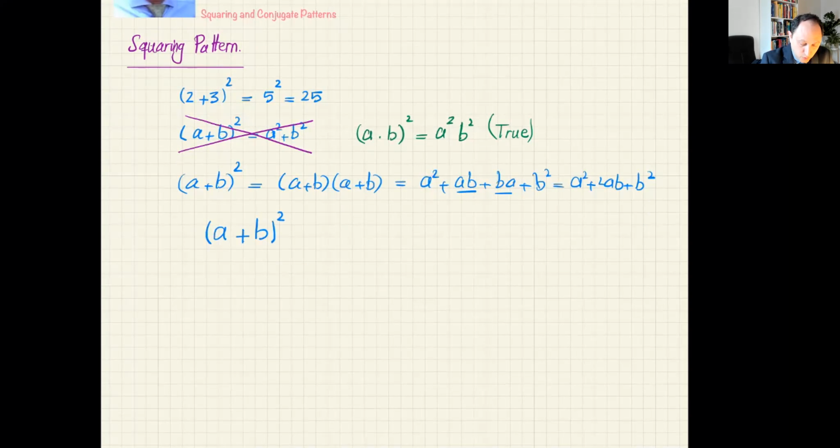But this is so important that I urge you to memorize it, but not just memorize it, to understand how you should read the formula. So this is called a squaring pattern. Okay, so let me see if I can put it in a proper box.